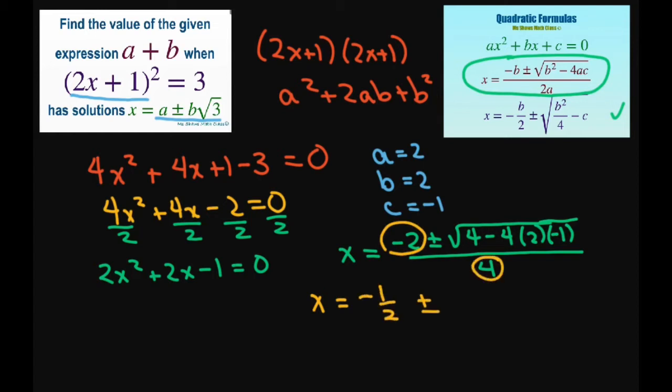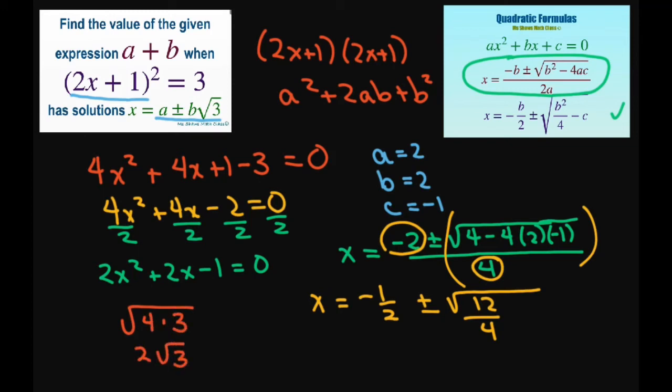All right, so now let's just deal with this part. This is going to be the square root of 4 plus 8, and that's 12, divided by 4. Now, the square root of 12 can be written as the square root of 4 times 3, which is 2 square root of 3. So basically, we're going to get x equals negative 1/2 plus or minus 2 square root of 3 divided by 4.